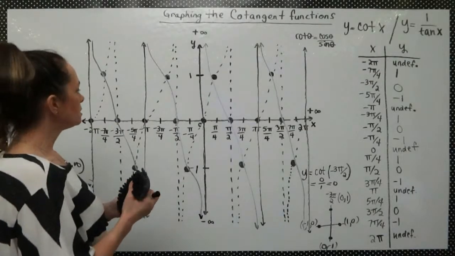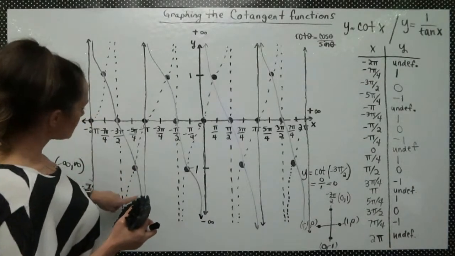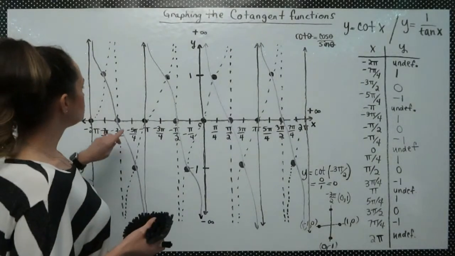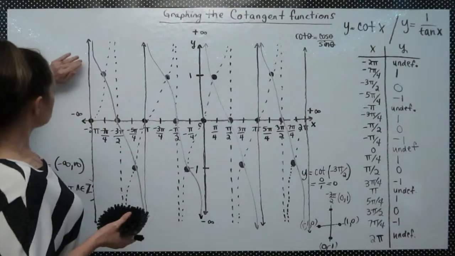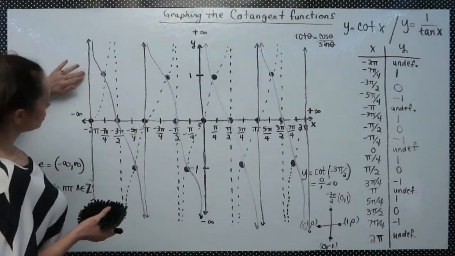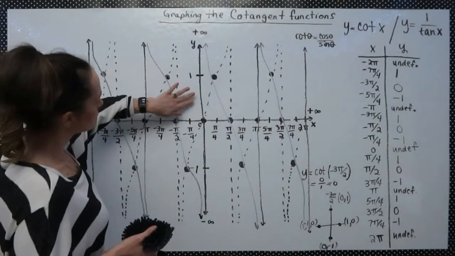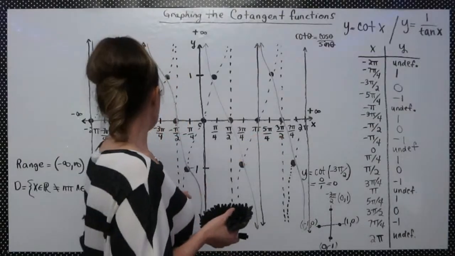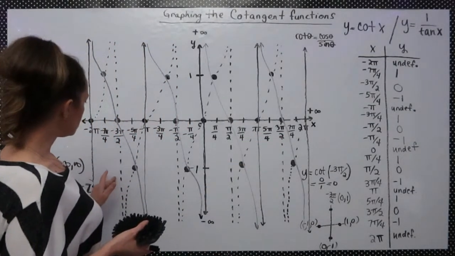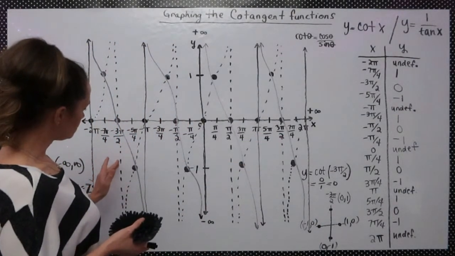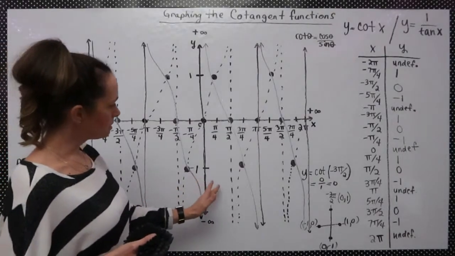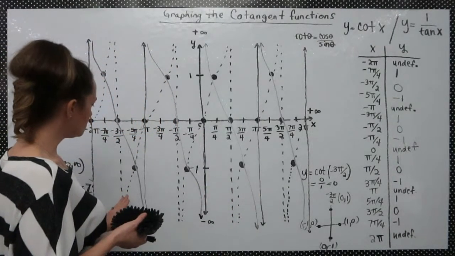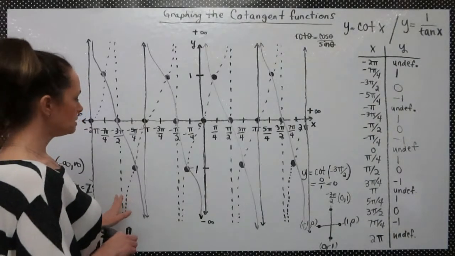What I did was sketch cotangent in solid, and the asymptotes for cotangent in solid, so you can see them. And then I dashed tangent and its asymptotes. So you can see a very good visual representation of the differences in these functions.